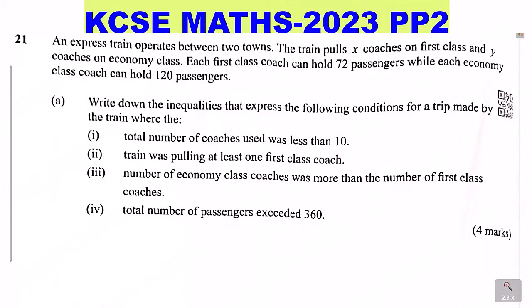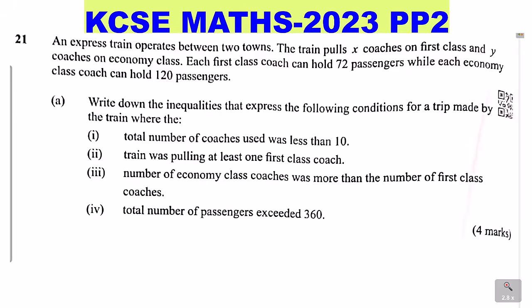Question 21. An express train operates between two towns. The train pulls X coaches on first class and Y coaches on economy class. Each first class coach can hold 72 passengers, while each economy class coach can hold 120 passengers. A. Write down the inequalities that express the following conditions for a trip made by the train where the 1.